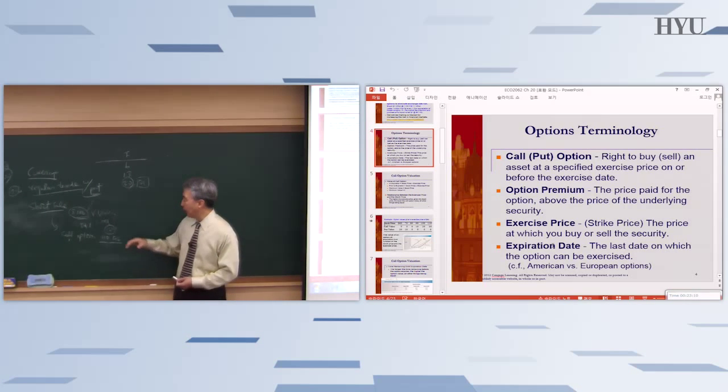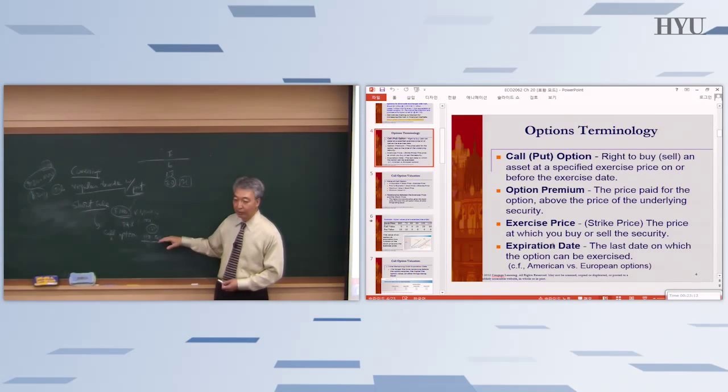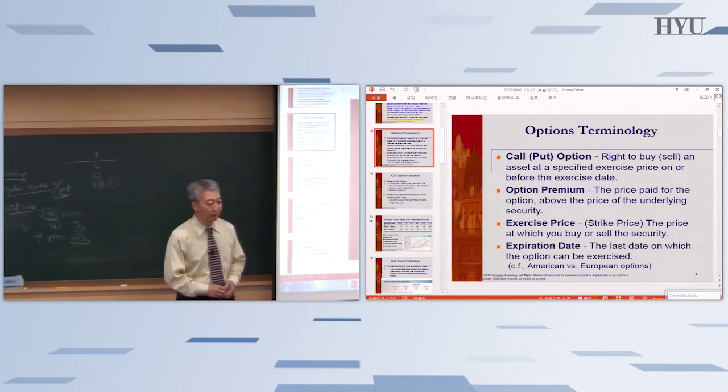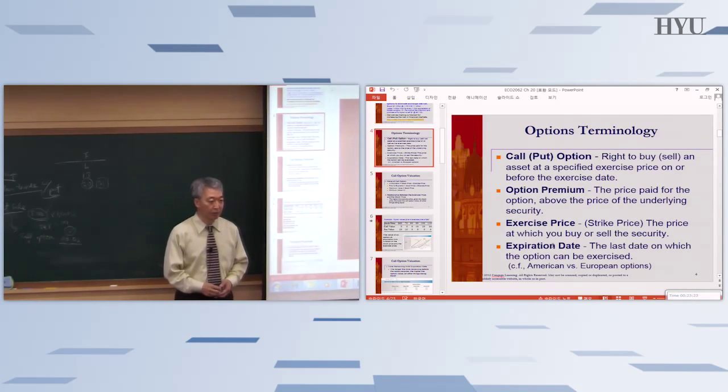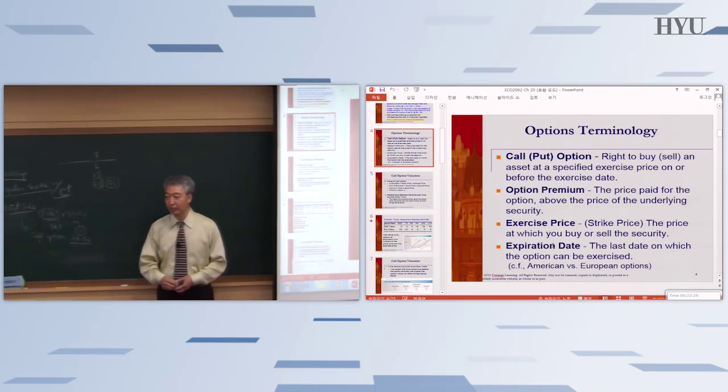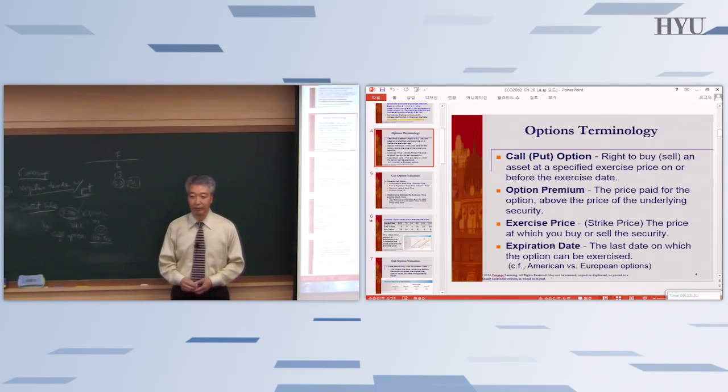So instead of paying $120, you have a right to purchase it at $110. So you're saying, okay, I'm willing to lose $10 per share if I made a mistake, but no more. That's the maximum risk I can take, right?